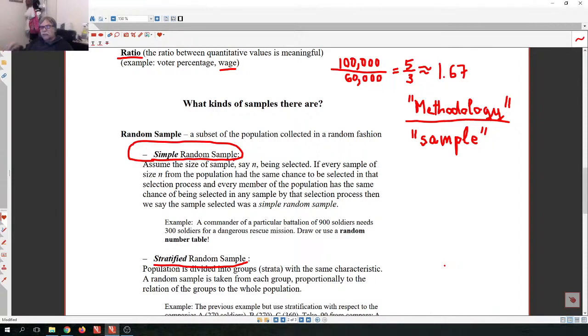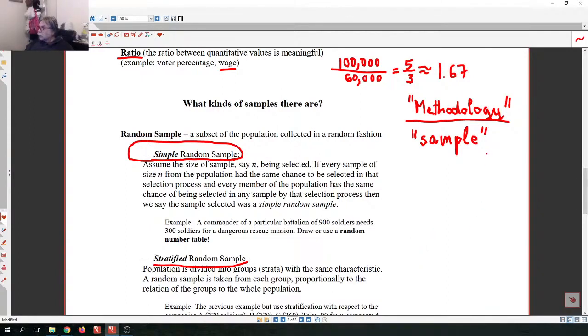Any 300 would have the same chance to be in your sample as any other 300. If you can vouch for that, and that's really the way of a lottery, then you can call what you have at the end a simple random sample. So that's the methodology we would expect to get something that is the closest to a representative population.